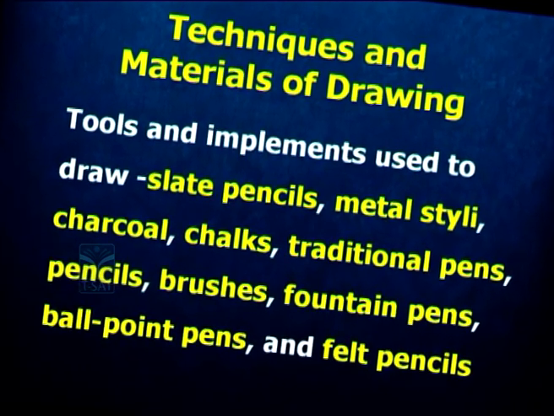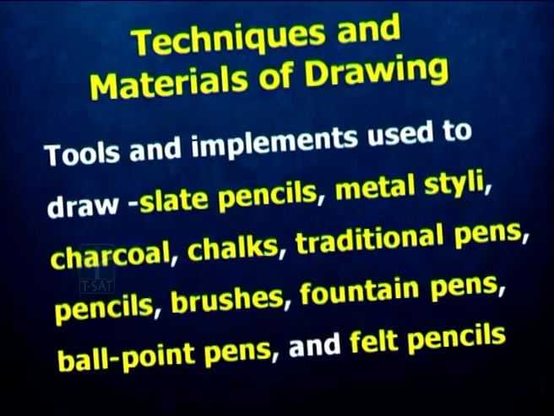For example, I give you one example, kalamkari artists, they make their own pens to create their drawings, right. So, traditional pens and the modern pens, pencils of different kinds, brushes, and felt pens. Felt pen is nothing but that we get in shops, the sketch pens, right. Felt pens or sketch pens.